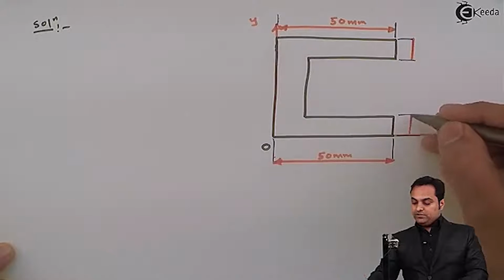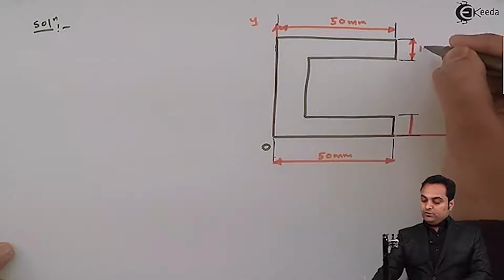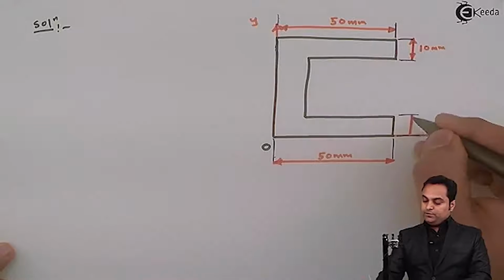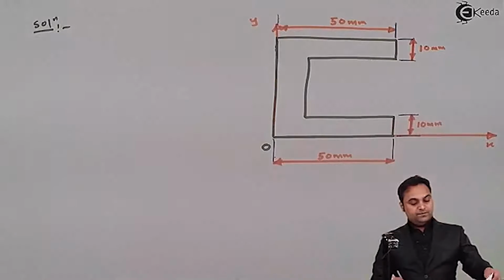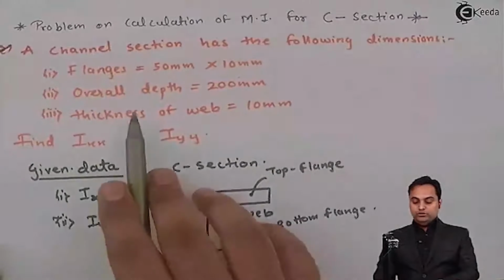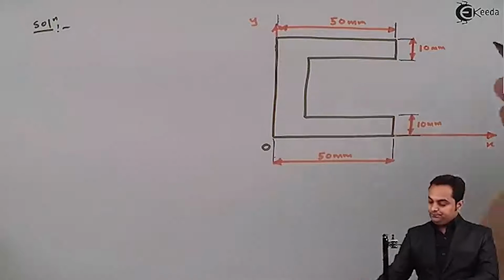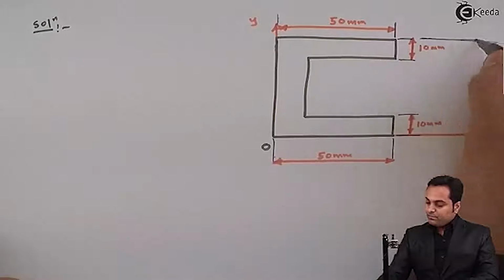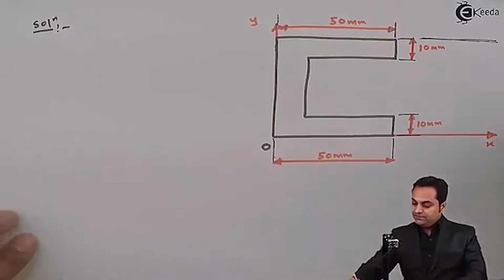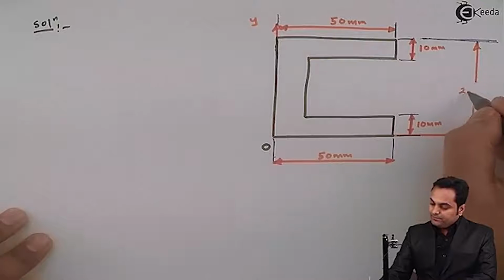Here this I'm calling depth, not width. This is the depth of 10 mm at top and at bottom. Then the overall depth is 200 mm. So in this case, the overall depth has been given. It is 200 mm.